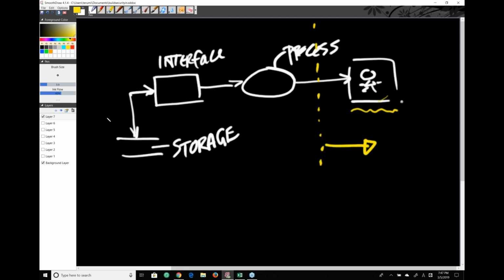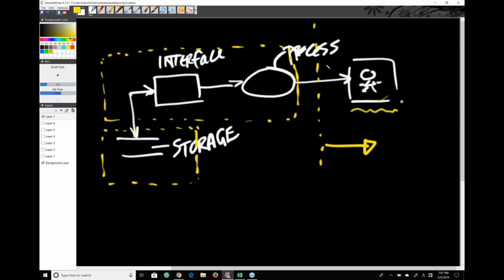Then you say, I'm responsible for this part, the process and the interface, let's say to the database. You say, I trust this thing, okay? And then you say, even though it's an internal system, the database is handled by somebody else. There you go. And all these dotted lines could be just a line, like here, or a box, like here.